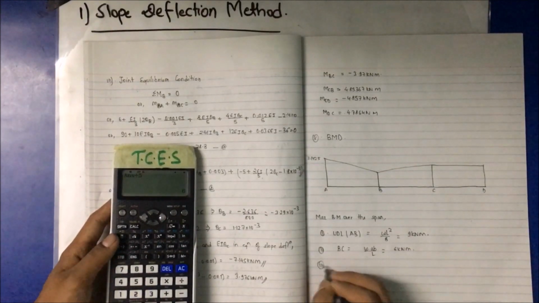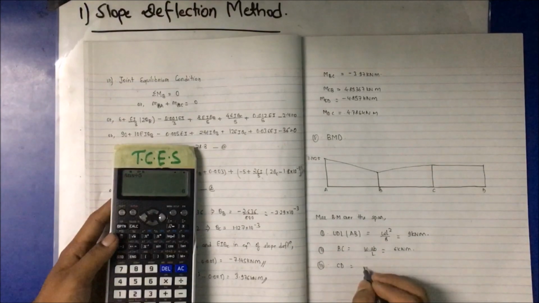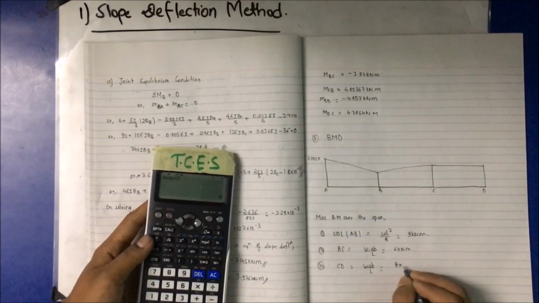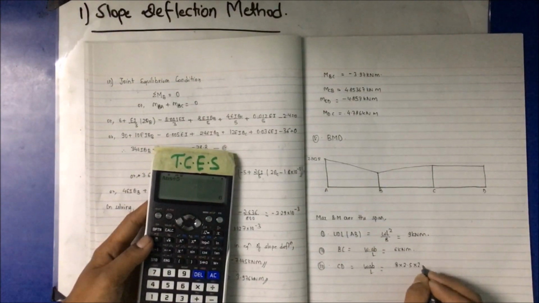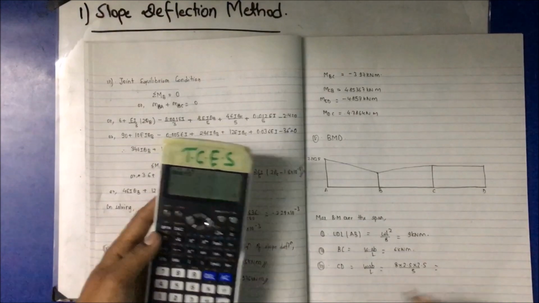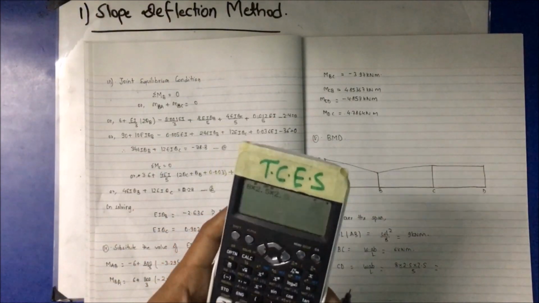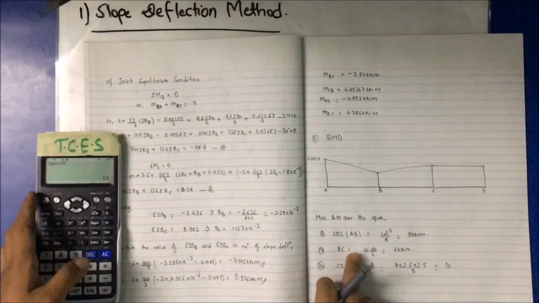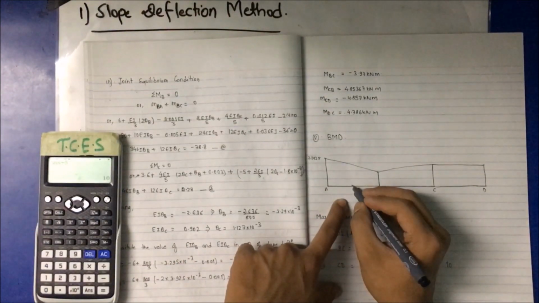And for the CD portion, again WAB by L, W being 8, 2.5 multiplied by 2.5 divided by 5, 8 multiplied by 2.5 into 2.5 divided by 5, we get 10. Now plot this maximum value at the center of the span.